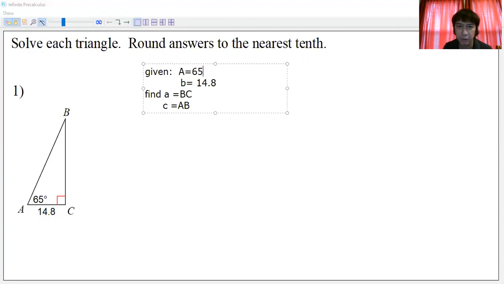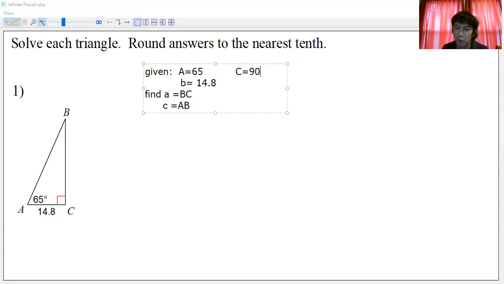So we have one more given actually. Let's put it here. This is the given right angle, so that can be considered given. That's 90 degrees. So we have 50% of the parts. We have two angles and one side. We're asked to get two sides and the third angle.